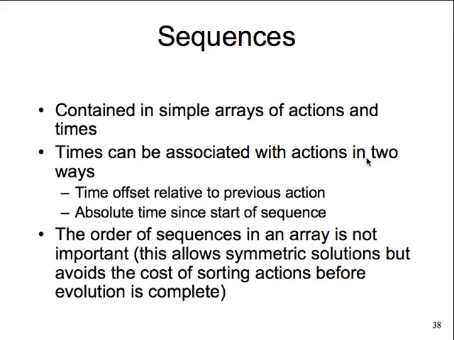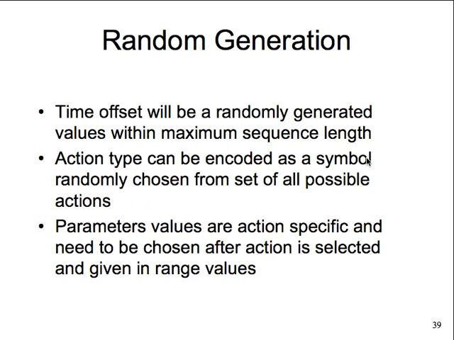The sequences can be a simple array of actions and times for the actions to occur. If you made a simulation of an animal or being jumping, moving, walking, evolving, you can put this in a matrix to solve the problem. The time offset is relative to the previous action. The absolute time since the start of the sequence can be calculated, and the order is put into an array.